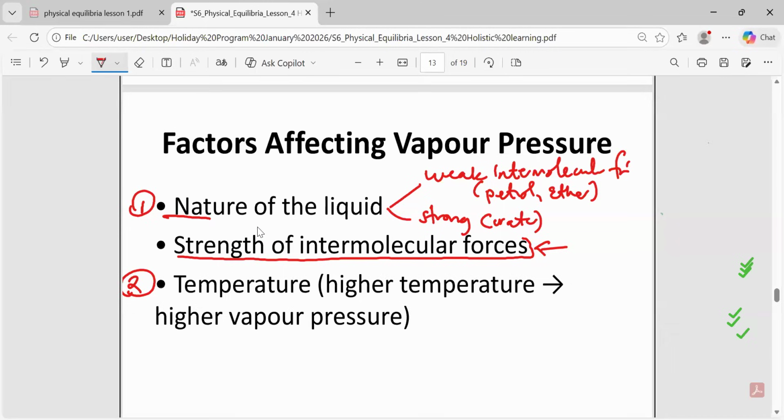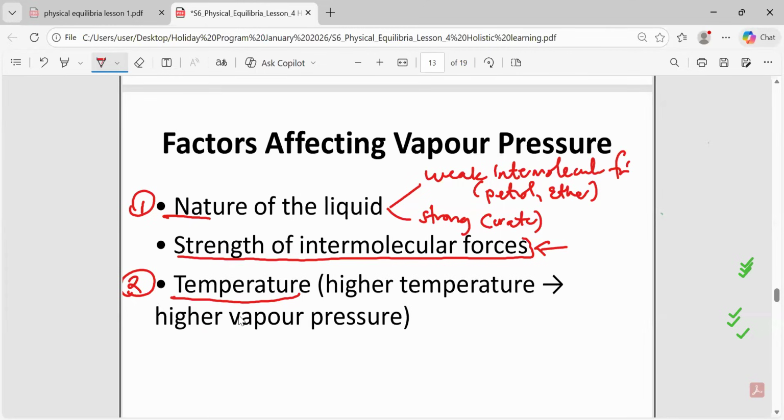Now, when you talk about temperature, you know very well from senior one, when looking at states of matter and the kinetic theory of matter, that if temperature is increased, the speed at which the particles move also increases. So we're saying that an increase in temperature leads to an increase in vapor pressure. How?